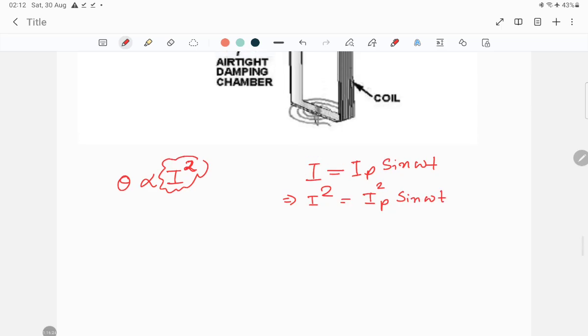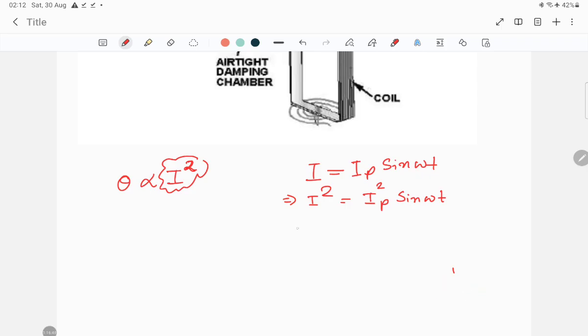If this is the signal, then the I square value will definitely be in the positive axis. So how do you find the total integrated value? You just have to do the integration.